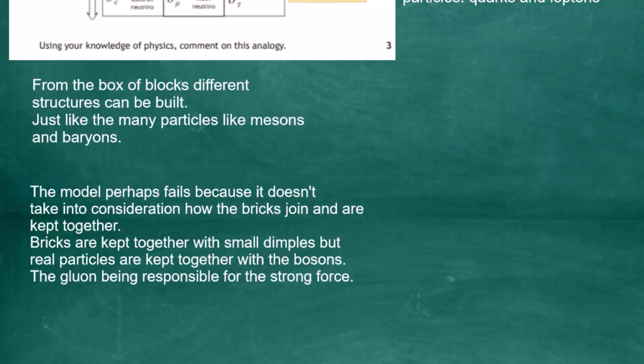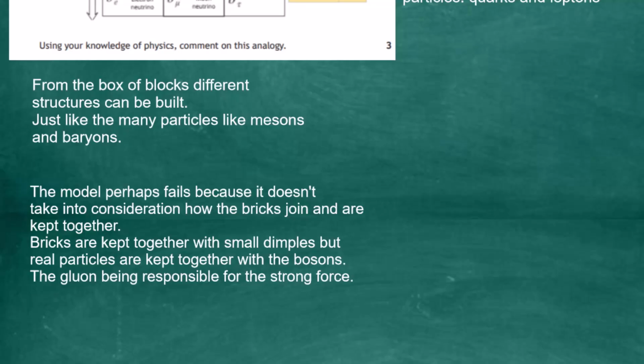We know that in the mesons and in the baryons, the quarks are held together by the strong nuclear force, and that's really arisen because the particles are exchanging a particle called the boson, and that keeps them together. But in the children's bricks, that doesn't happen. The children's bricks are kept together by the small dimples clicking into the holes of the other brick, and that's what keeps them together.